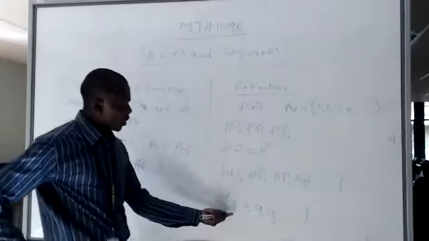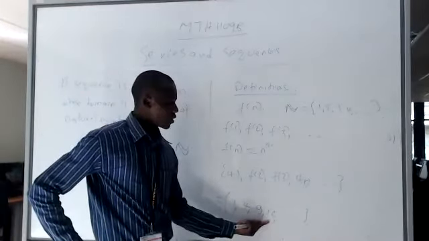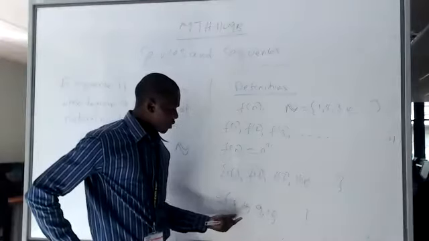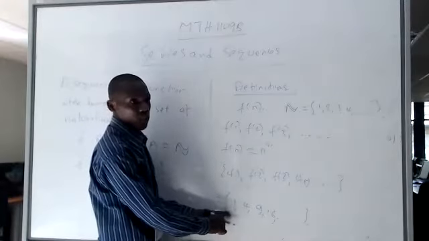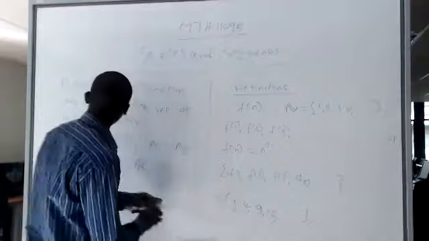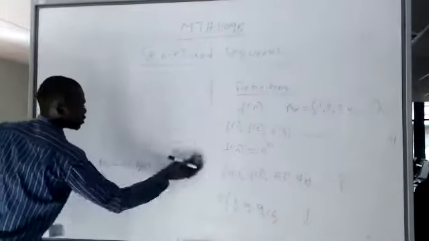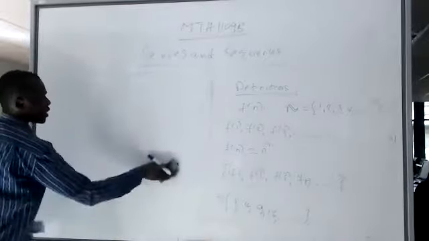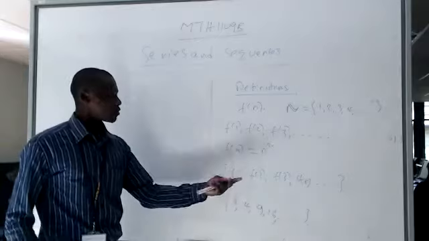So these numbers, 1, 4, 9, and 16, we refer to them as terms of the sequence. And the first term in the sequence is usually called the first term. Now, in general, we do not like to denote terms of a sequence as f of something.